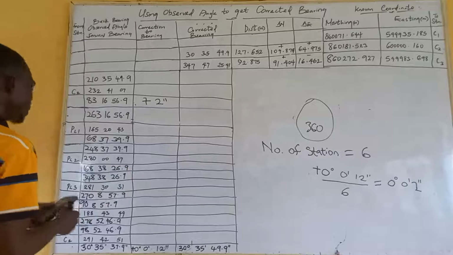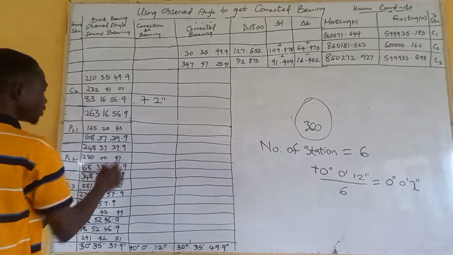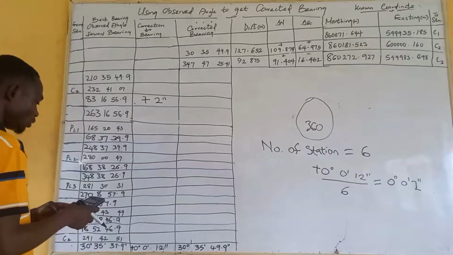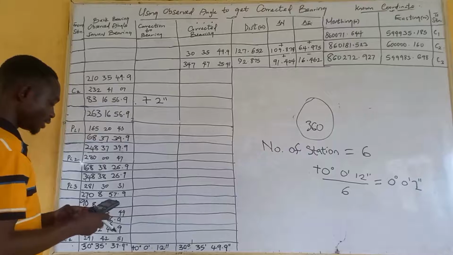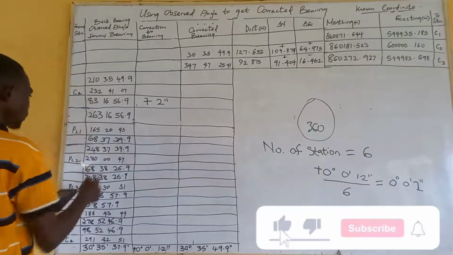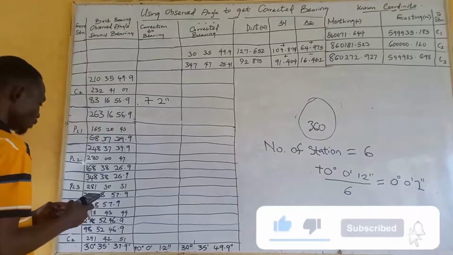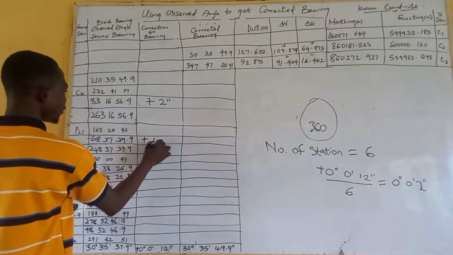And then to calculate for the next station, which is this, it is going to be 0 degrees, 0 minutes, 12 seconds divided by 6, multiplied by station 2, which is going to give us 4. So this is going to be plus 4.